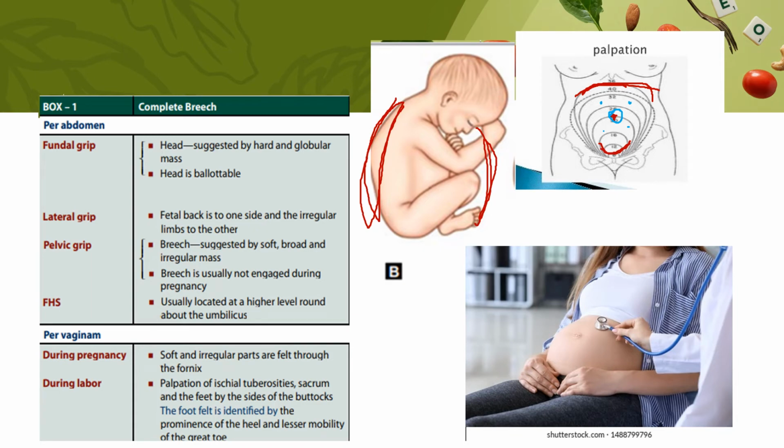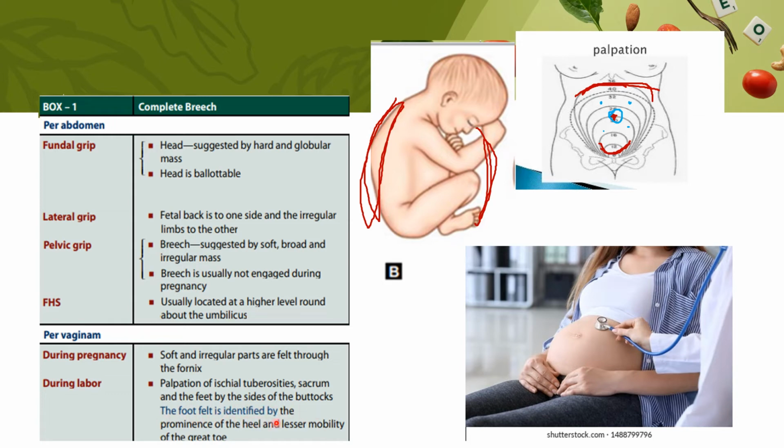Next, during pregnancy, soft and irregular parts are felt through the fornix on PV examination. Then during labor, on PV palpation they can identify the ischial tuberosity, then the sacrum, and the feet by the sides of the buttocks.